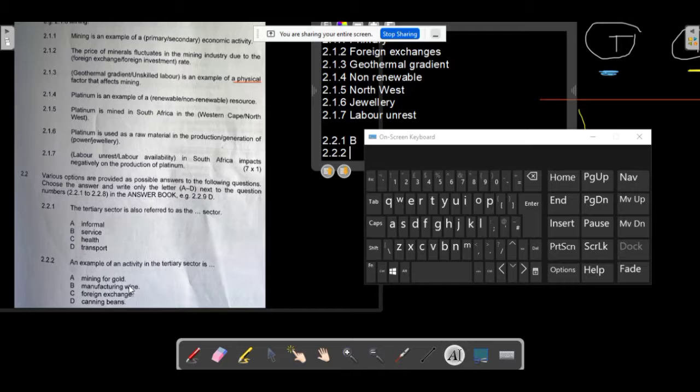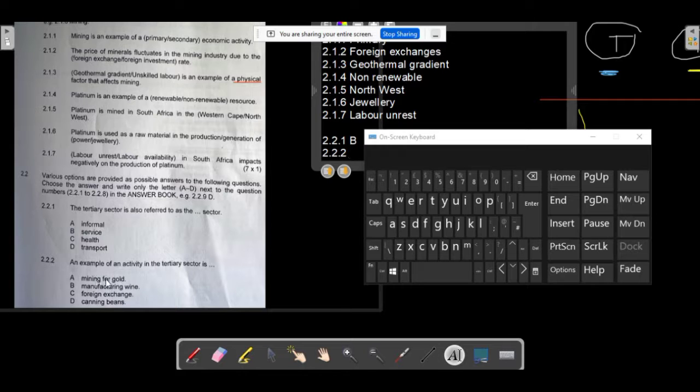2.2.2, an example of an activity in the tertiary sector is A. Mining for gold. No. B. Manufacturing wine. No. C. Okay, because manufacturing wine is like processing.